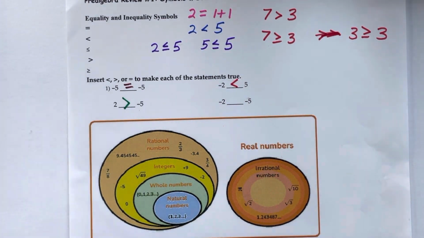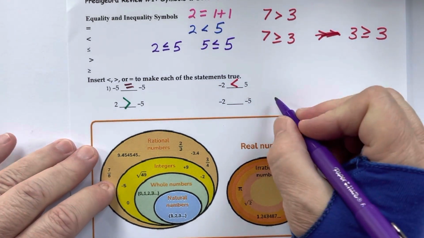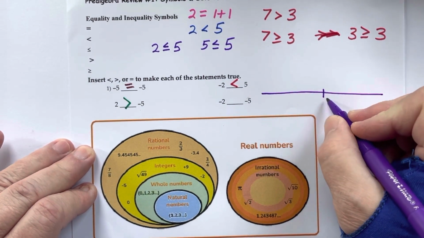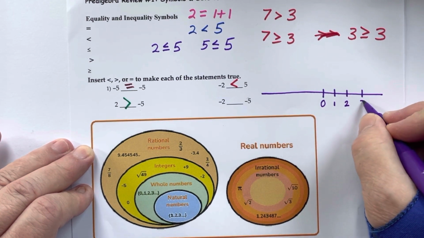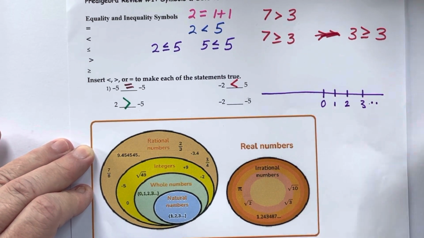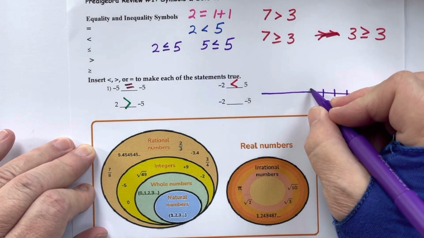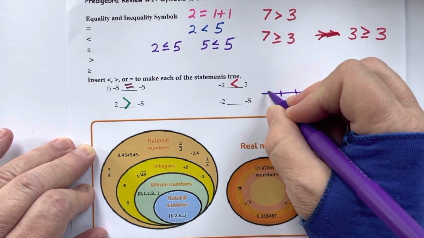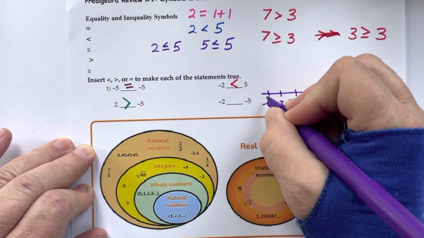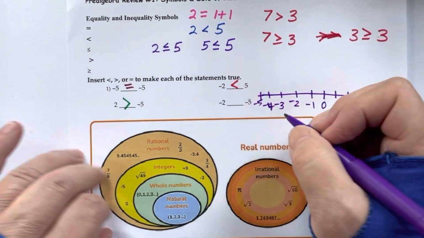Now the next one is the only one that's really going to give us a little bit of pause for thought. Thinking of your number line, you start with 0 and going to the right, you count 1, 2, 3, and so forth. And going to the left, we would say -1, -2, -3, -4, -5. I wanted to go down here to -5.